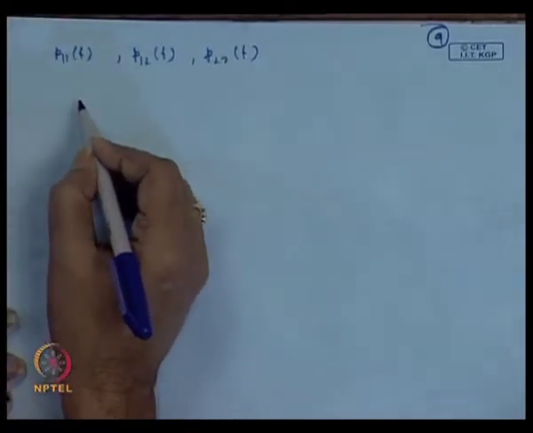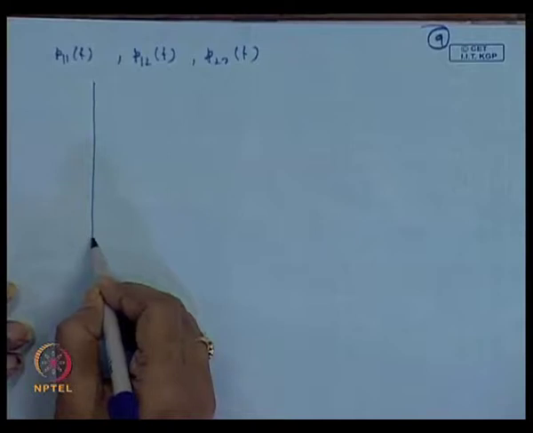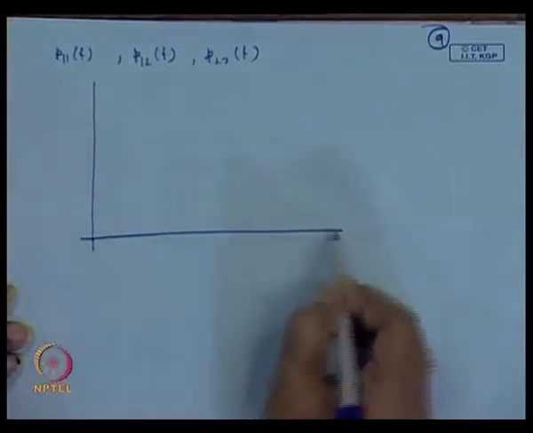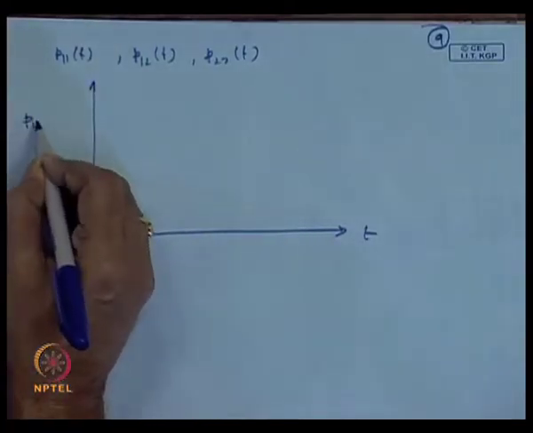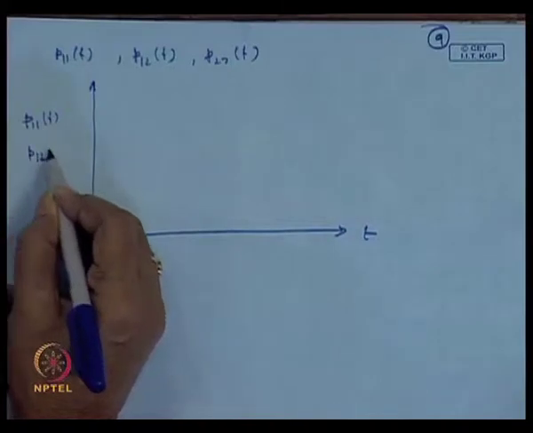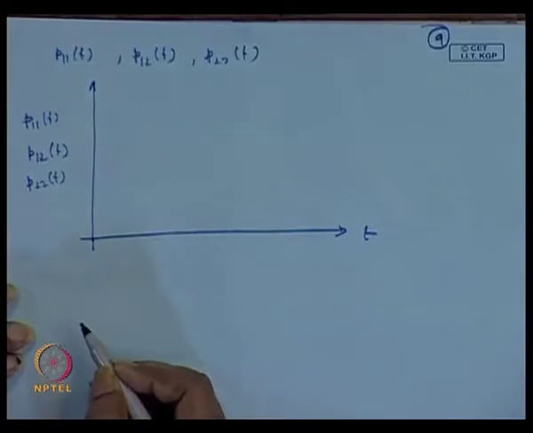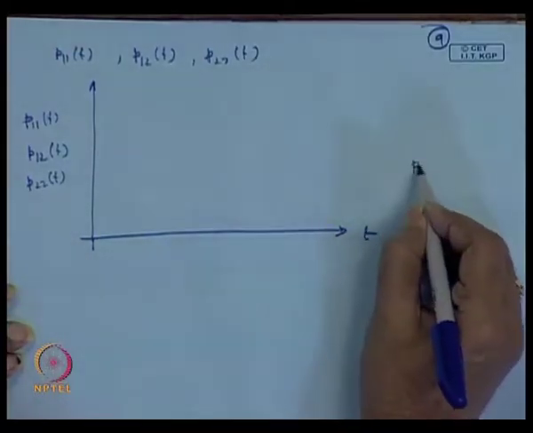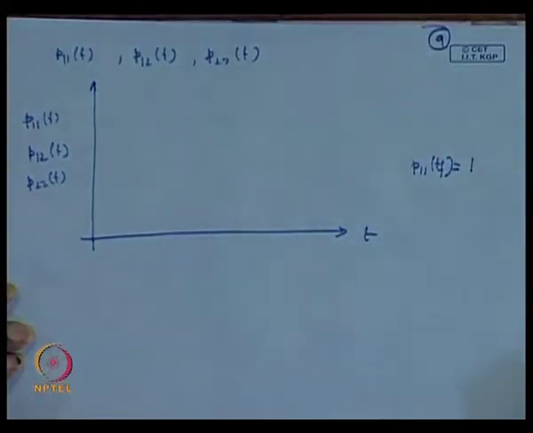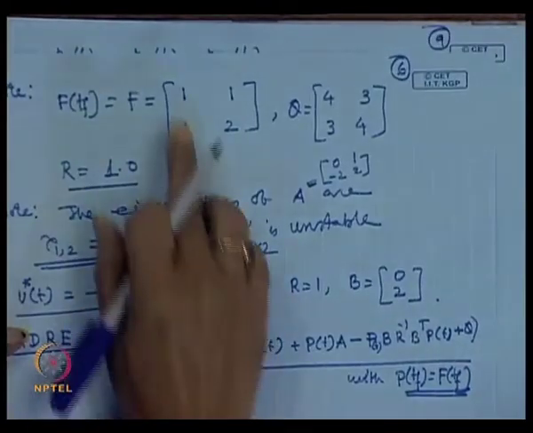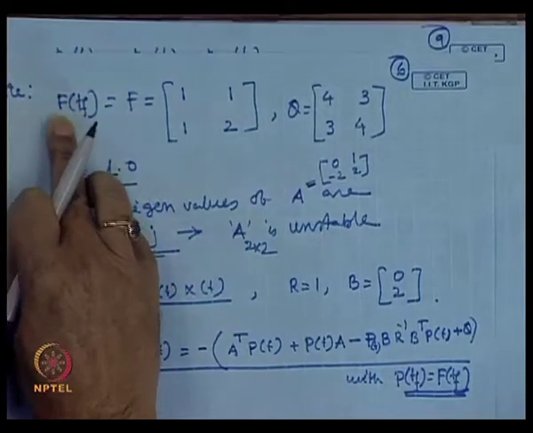If you solve these problems by numerical methods, the nature of the response you may get is as follows. Let us call this the time axis, and I am plotting P 1 of t, P 12 of t, and P 2 of t. The value of P 1 at T f is equal to 1, as you know from the terminal cost, P of T f is equal to F of T f.